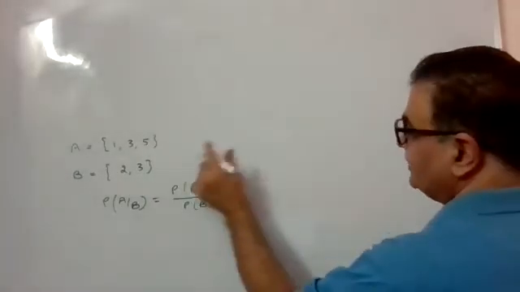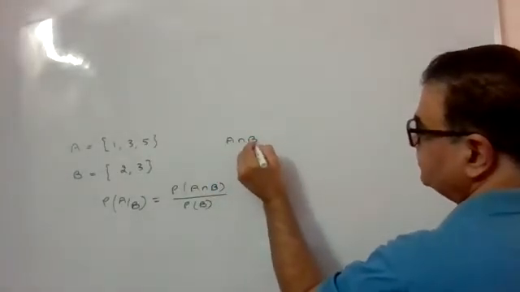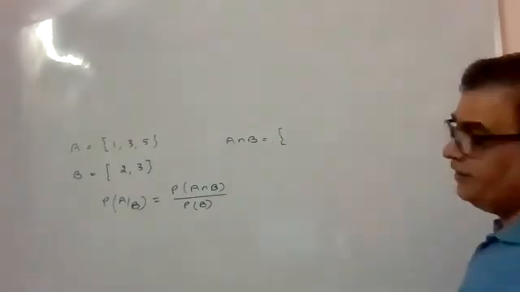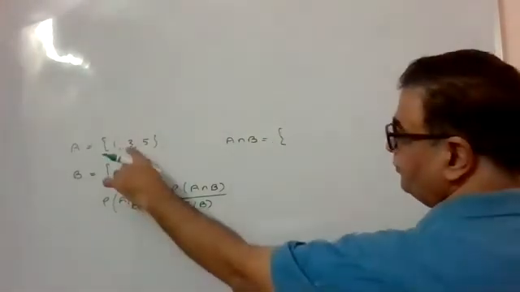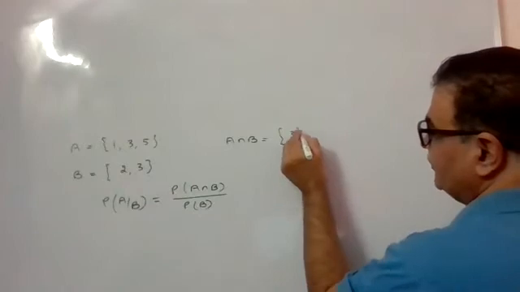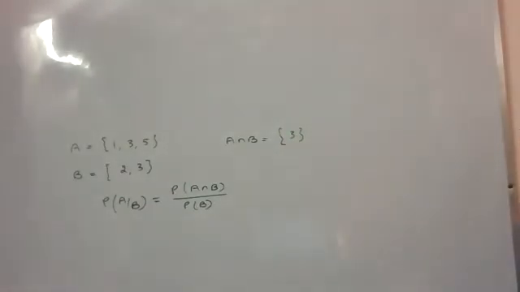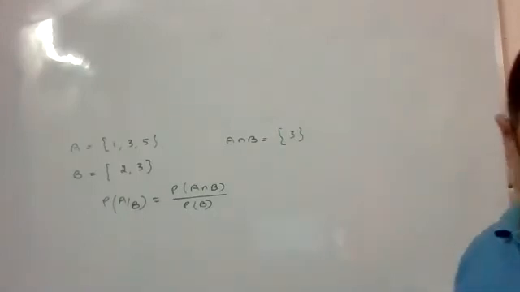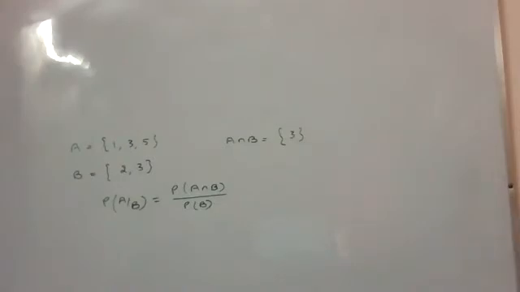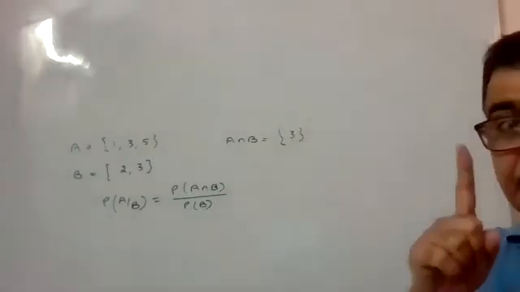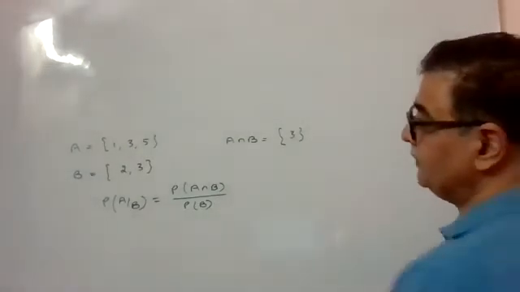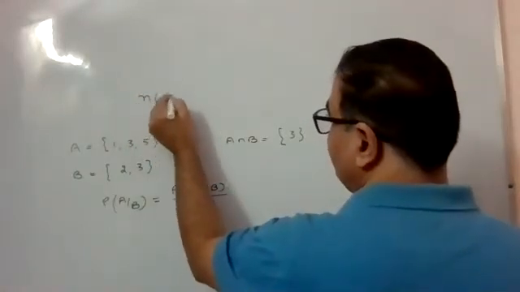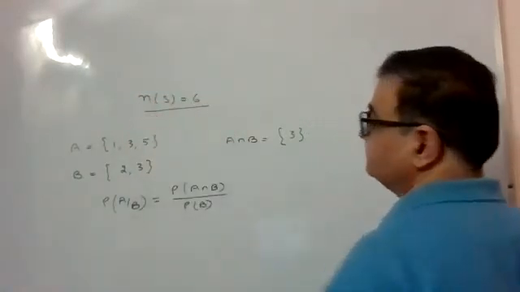Can you write down the intersection of the two? Yes, what is the intersection in this case? 3 is only the common term, so we will say 3. And what are the total cases this time? A die is tossed. इसका मतलब sample space में कितने cases हैं? 6 cases.